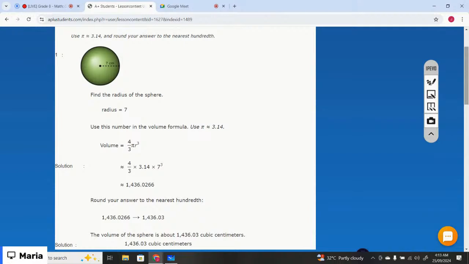Just replace the variables with a value and do the calculations, right? For this example, you are given r equals 7. So you have to do 4 by 3 times 3.14 times 7 cube.